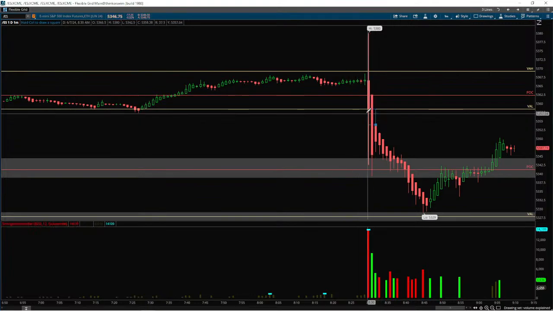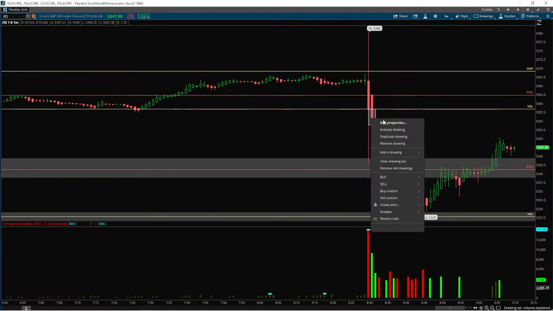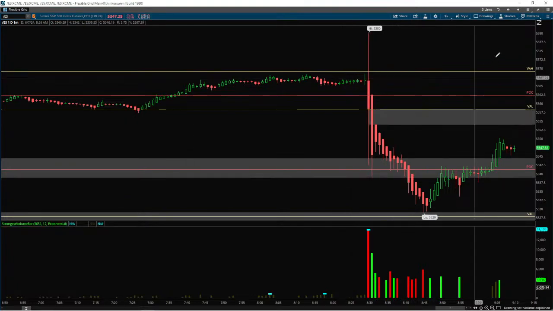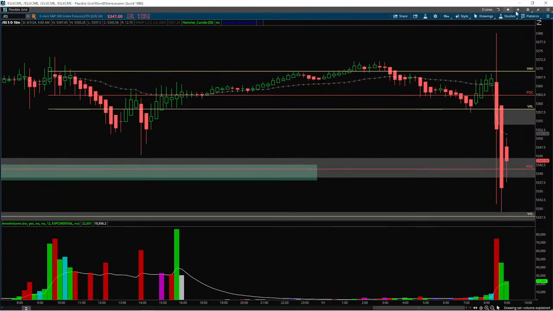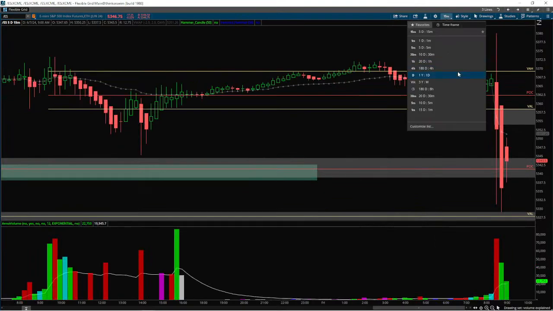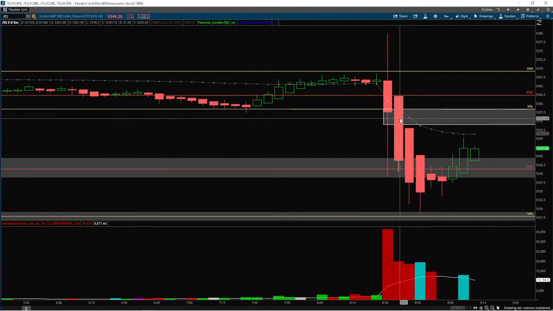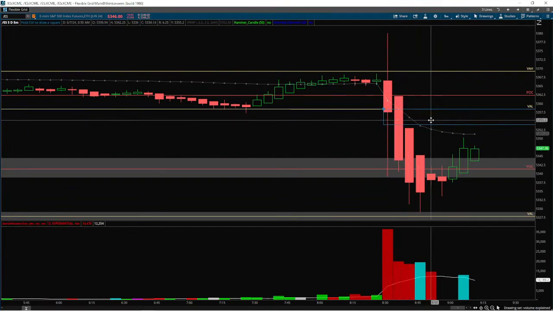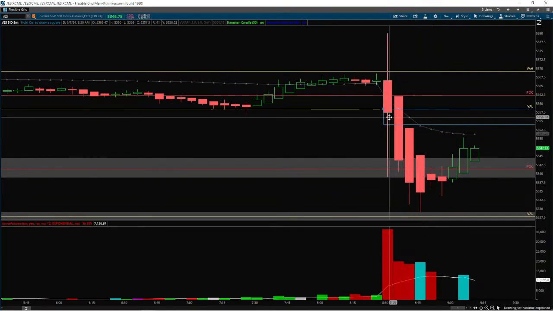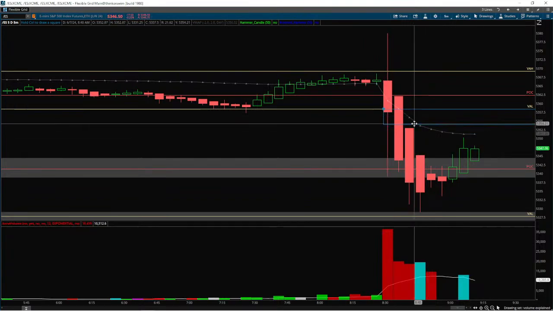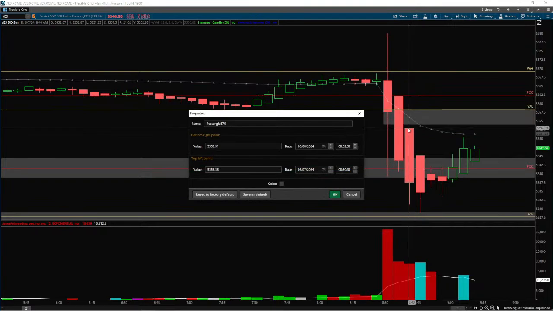So this area here is my area of interest, and then let's go to the 5 minute. This should be the 5 minute. Wow, it's actually lower. I'm going to suggest bring this down to here.